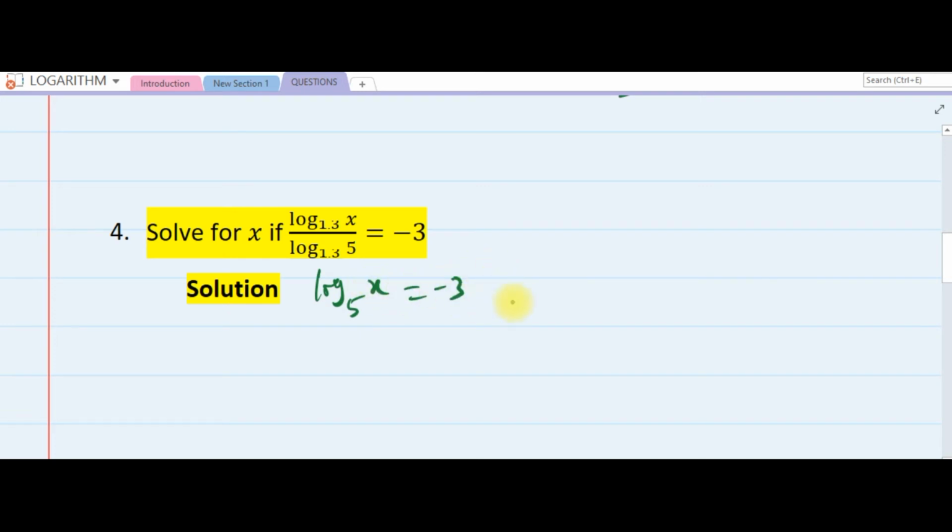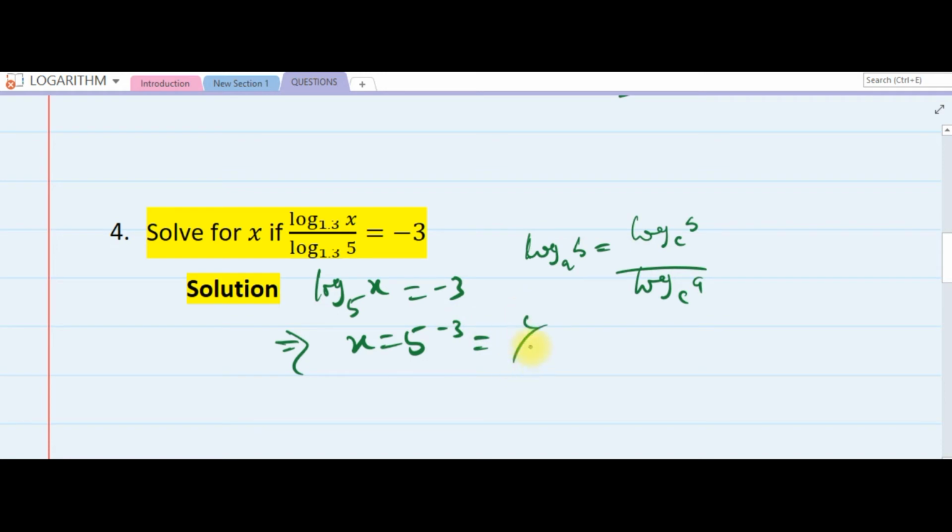You remember our change of base law, that if you are given log of B base A, if you want to change it to base C, it is log C of B over log C of A. So we are given this now, we need to change back. So this is now log x in base 5, which implies that our x is 5 raised to power minus 3, which is 1 over 125.